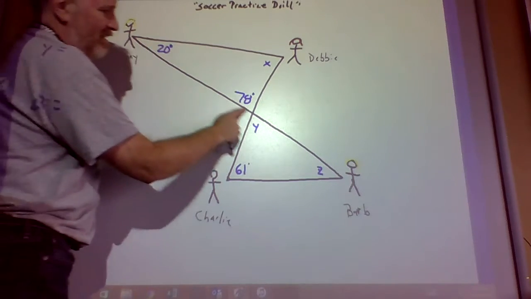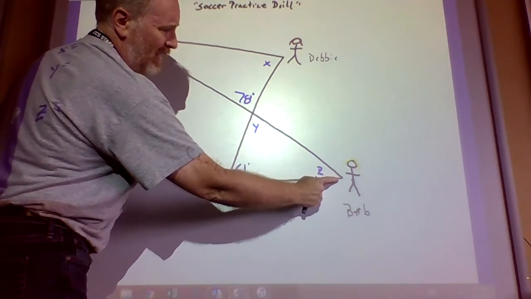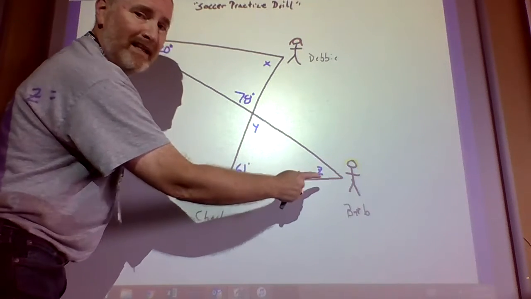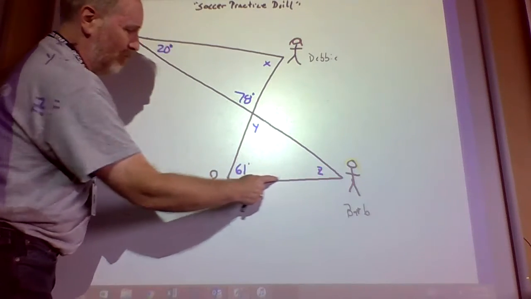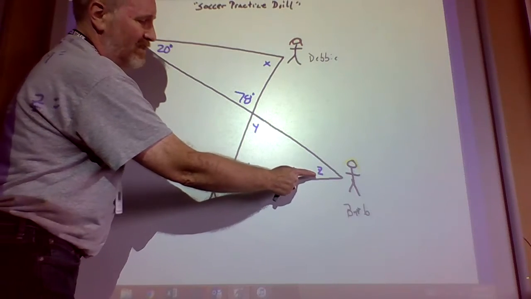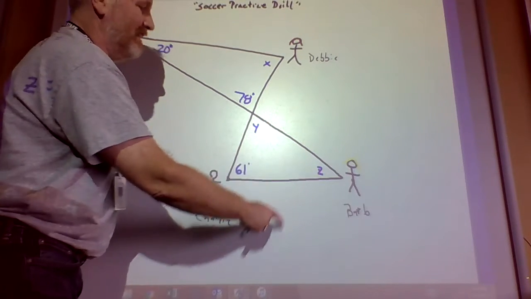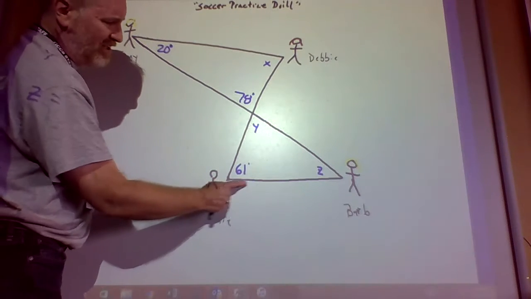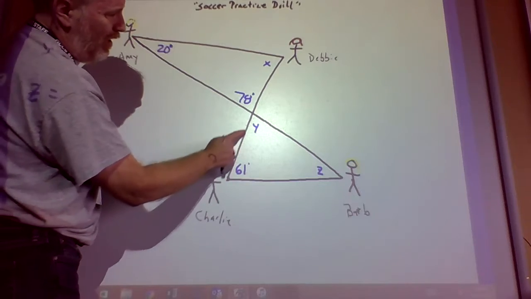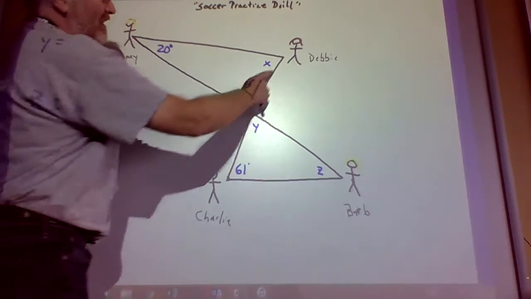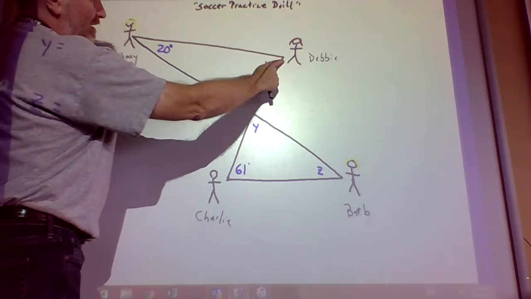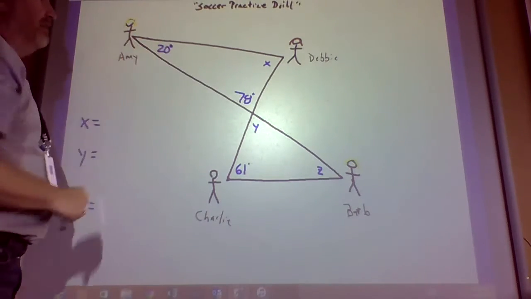So Amy kicks it down here to this Barb woman, and Barb does not seem to care as much about geometry or angles, so she just kicks it all willy-nilly over here to Charlie and doesn't really keep track of what angle she kicked it at in degrees, so we'll just call that Z. Charlie, being more interested in geometry, when he receives the ball from Barb, he kicks it at a 61-degree angle up to Debbie, and then Debbie, again, does not care so much about geometry and kicks the ball just in any old angle over here back to Amy.